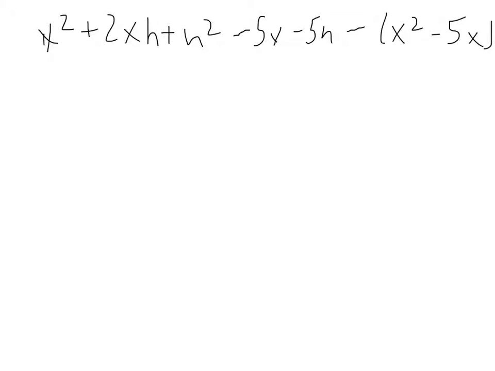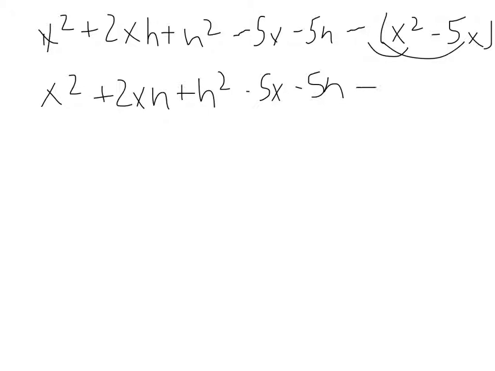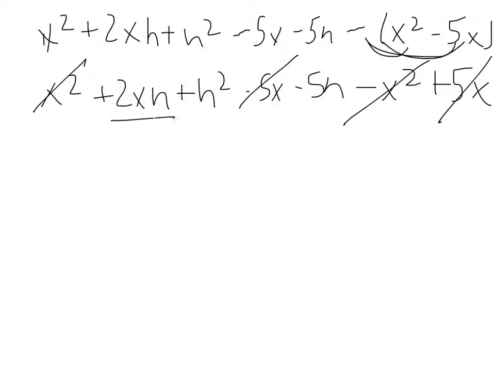I'm going to distribute that minus, so it would be minus x squared, and a minus makes a plus 5x. So this x squared minus x squared will cancel out. This minus 5x plus 5x will cancel out, leaving us with the 2xh plus h squared and the minus 5h. Okay? And that was the numerator.